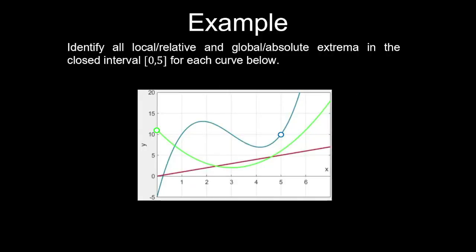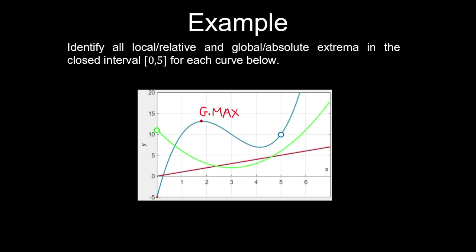Let's identify all the local and global extrema in the closed interval 0 to 5 for each curve below. So if we start with this blue curve, from 0 to 5, this point here is the absolute or global maximum, because there's no other y value on this curve that's larger than this one.